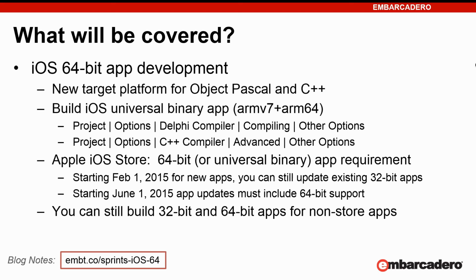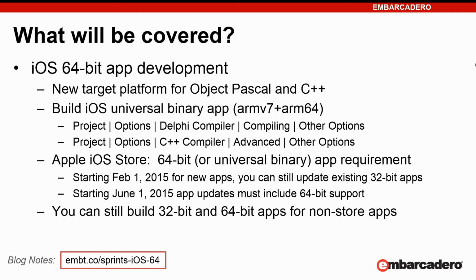For the new target platform of iOS 64, we created new compilers, DCC ARM64 and a C++ ARM64 compiler. And that was connected into the tool chain with the 32-bit iOS compilers that we already had.